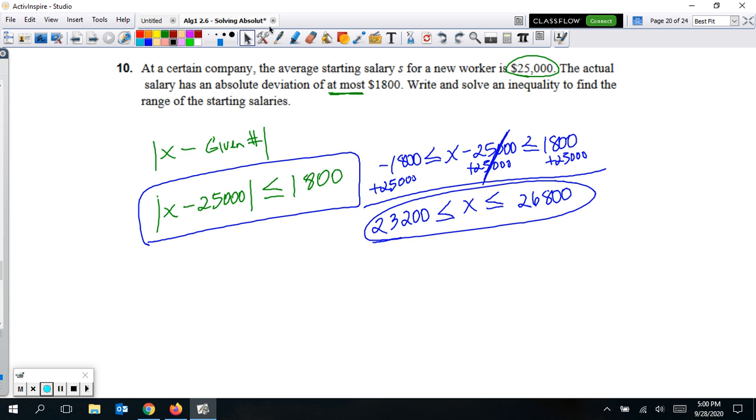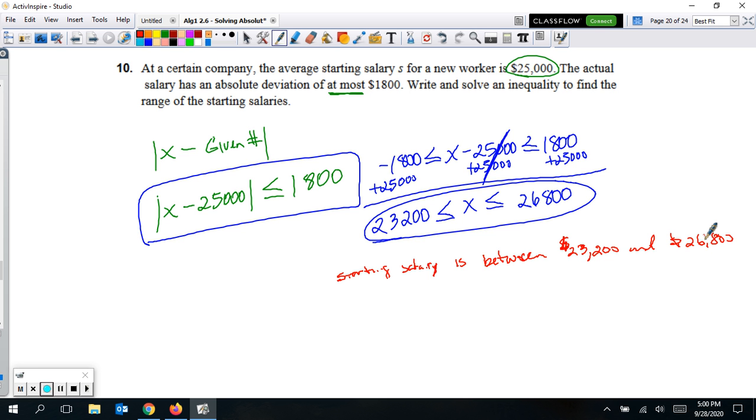So basically, for the salary here, what this means is that the starting salary is between $23,200 and $26,800.